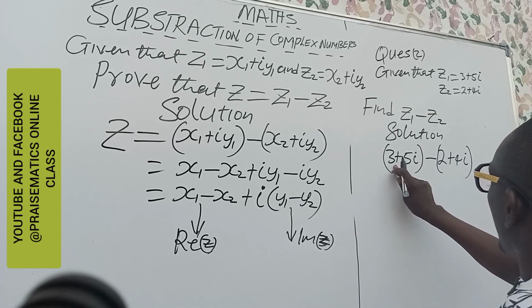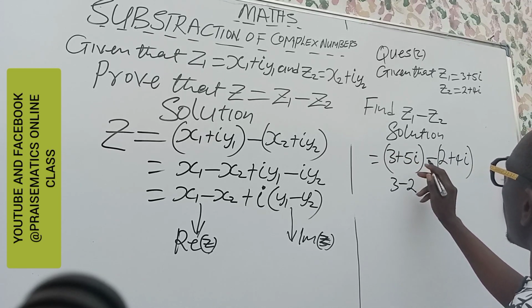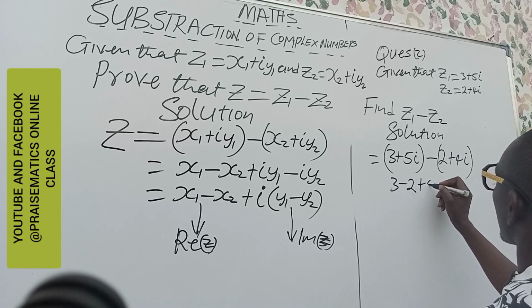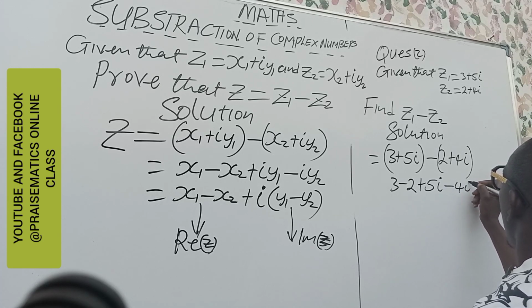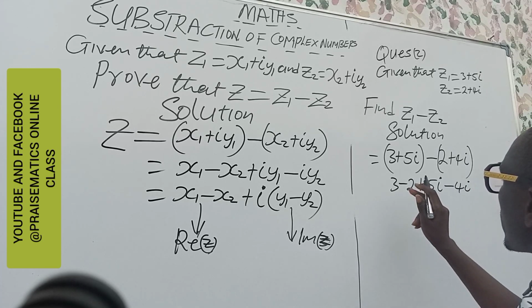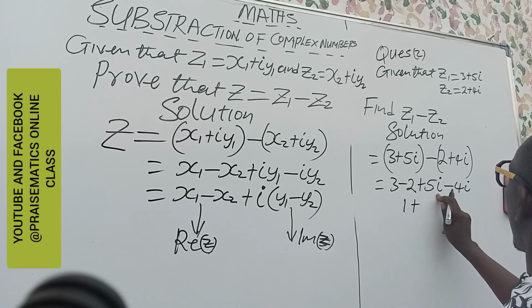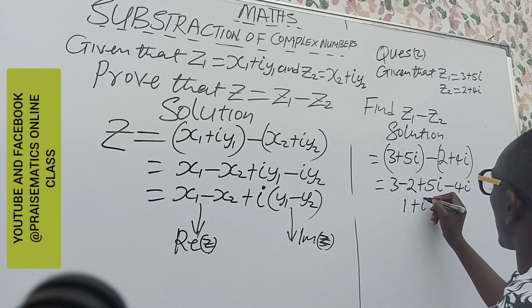So what do we do? Real part to real part, that means 3 minus 2. Imaginary to imaginary, which is now plus 5i minus 4i. What do we do again? 3 minus 2 gives us 1, plus 5 minus 4 gives us 1, which is 1i, and that is i.